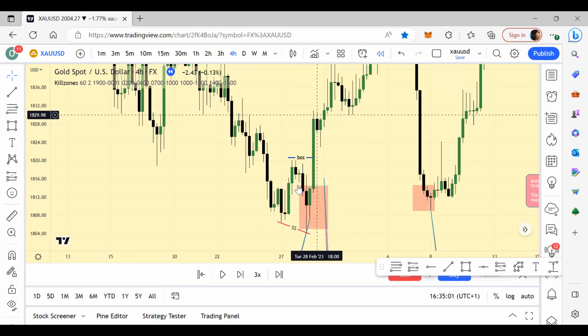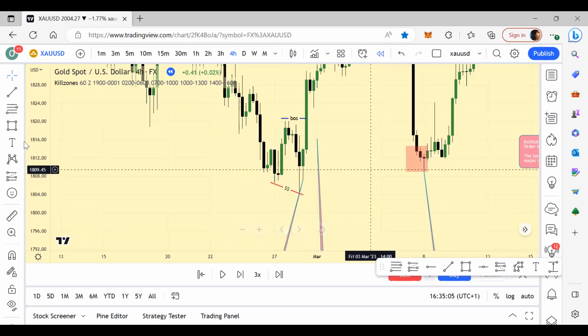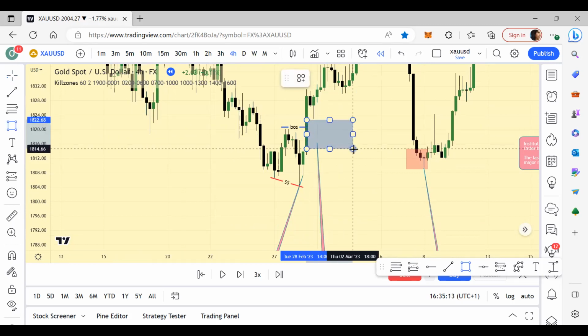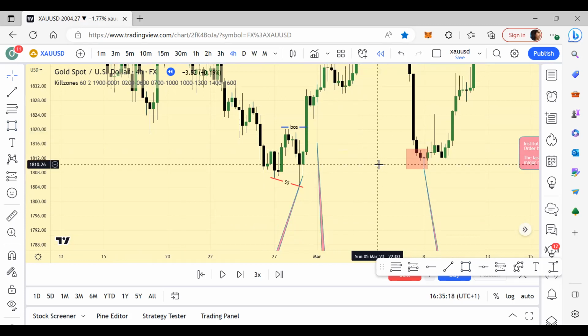If you look at this order block right here, you can see that it contains an imbalance. Look at the imbalance, from here to here. This is your imbalance. And this is your sweep of liquidity, which we will not touch on in this lesson, but let me just mention it.